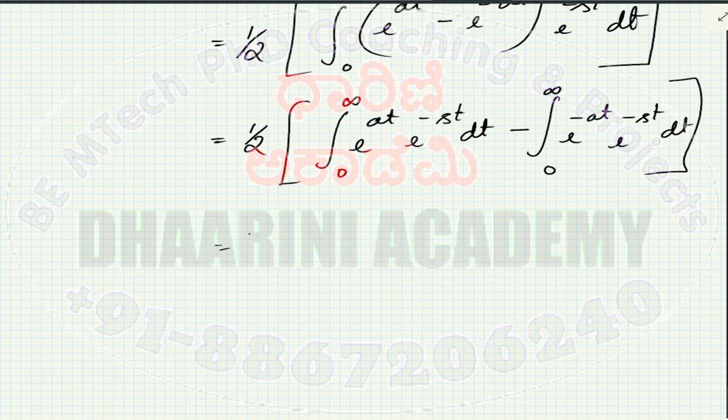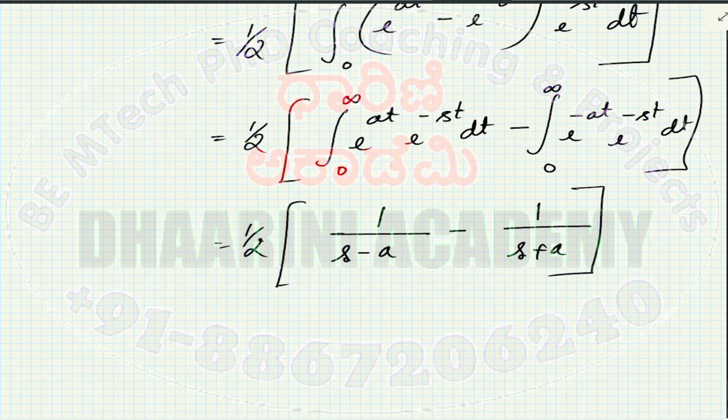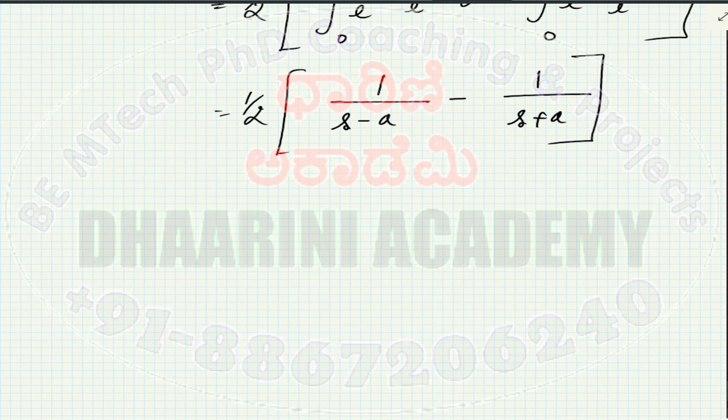So using the result which we already have obtained, I can write the first term as 1 divided by s minus a minus 1 divided by, the second term will be s plus a. So fractions which indicate that we need to have a common denominator now.